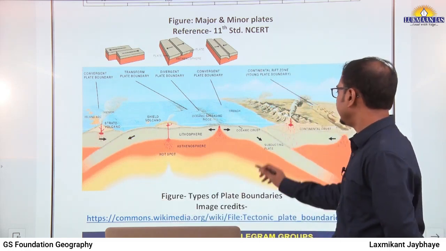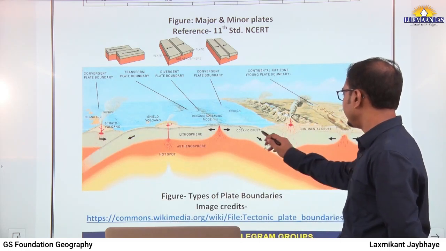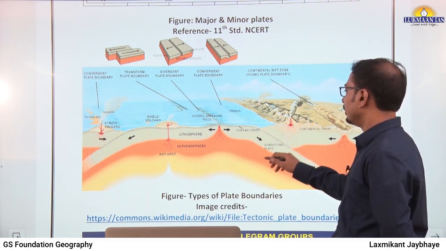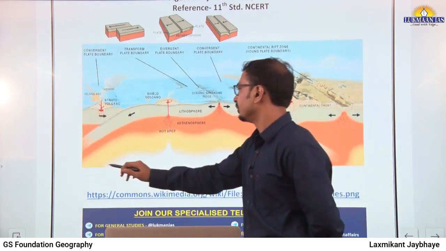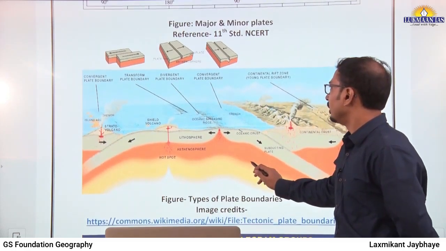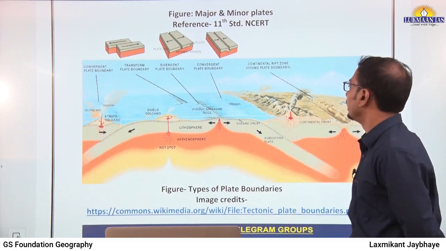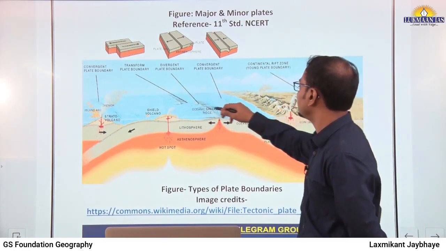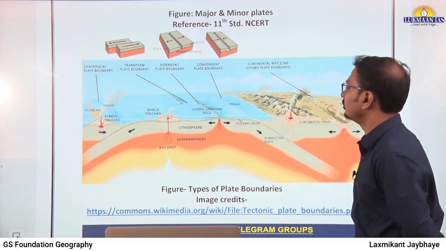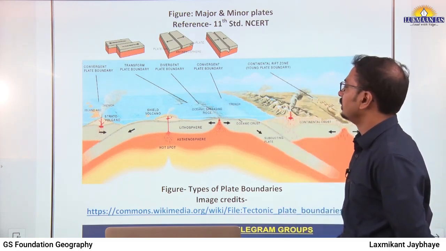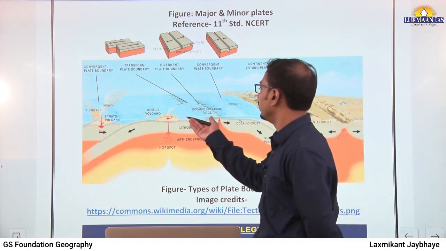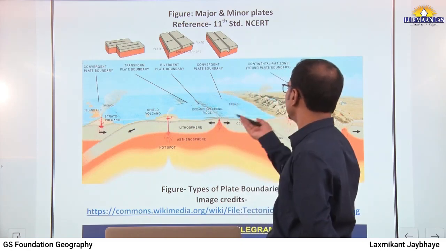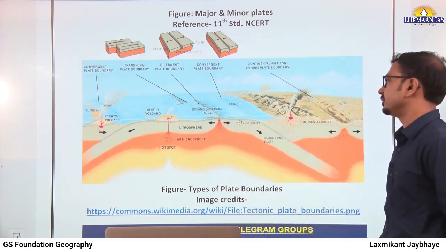In that there is a subducting plate, or we can say there is subduction of this oceanic plate like this. Here also there is subduction. Now you can see here the oceanic ridge is formed, a continuous oceanic ridge at the central part of the ocean floor, and the different land masses or the solidified crust is moving on the other side like this and getting consumed in the trench region.